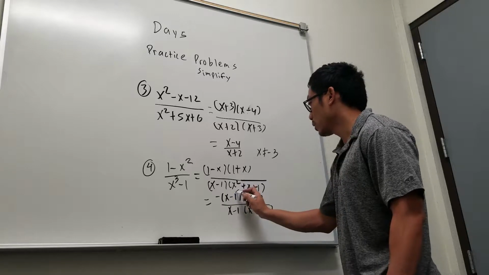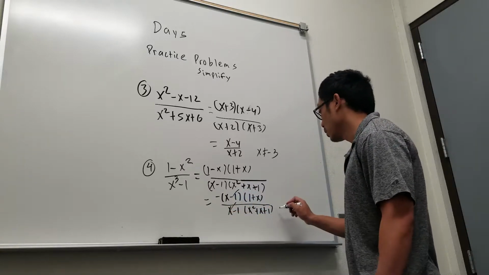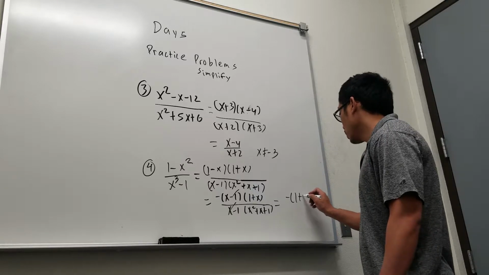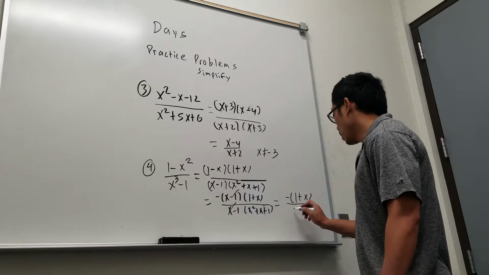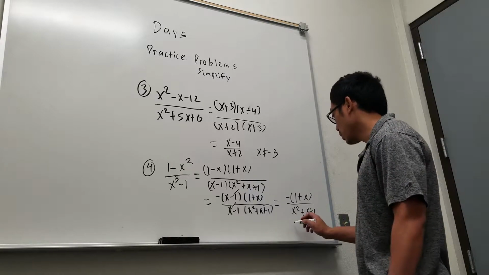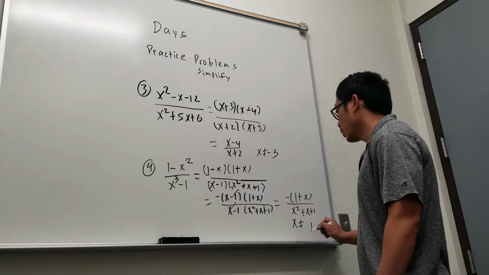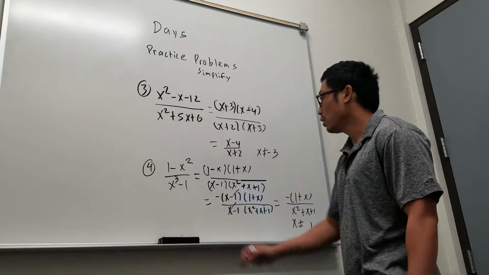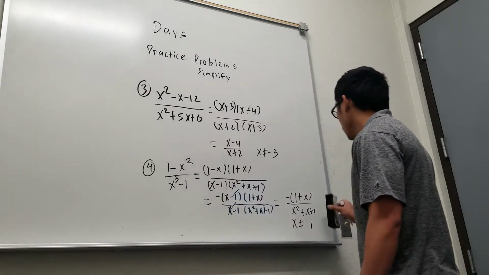But you notice this will cancel, so you just have, let me write it here so I have room, negative 1 plus x over x squared plus x plus 1. And x cannot equal what? What do you guys think? 1, right? Okay, that's it. There you go.